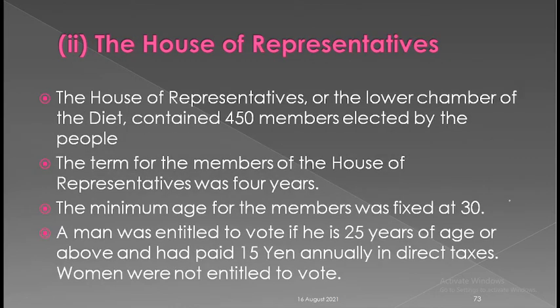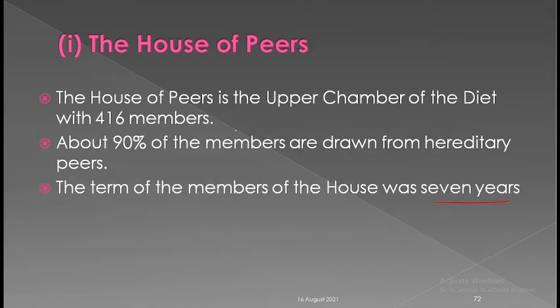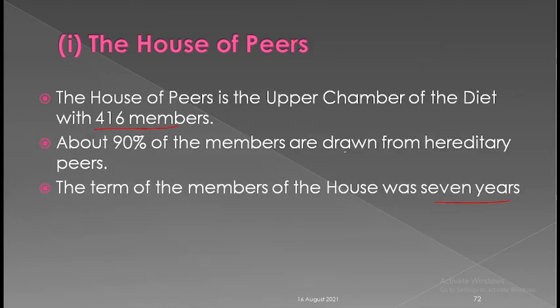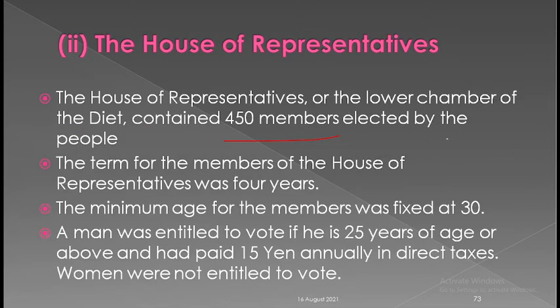Now, the House of Representatives under the Meiji Constitution. The House of Representatives, or the lower chamber of the Diet, contains 450 members. The House of Peers has 416 members and the House of Representatives has 450 members. Whereas the House of Peers is hereditary, the House of Representatives members are elected by the people.